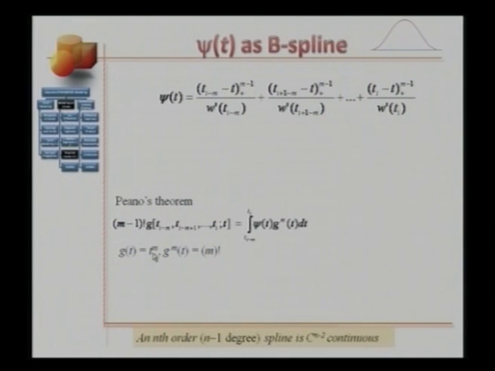So the mth derivative of g(t) is m factorial, and the mth divided difference of t raised to m is 1.